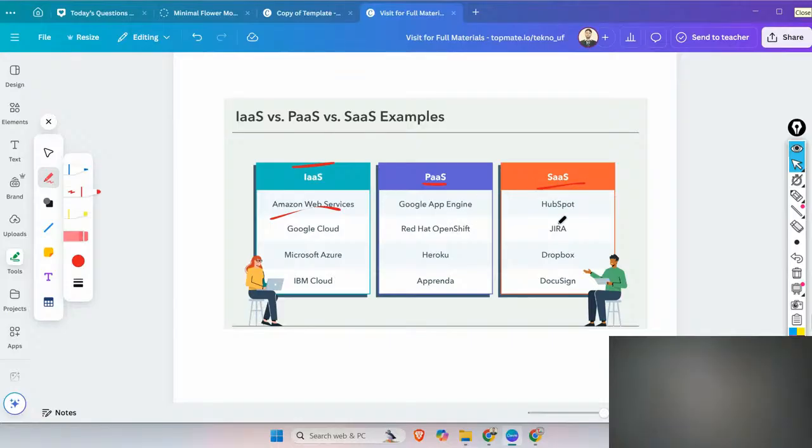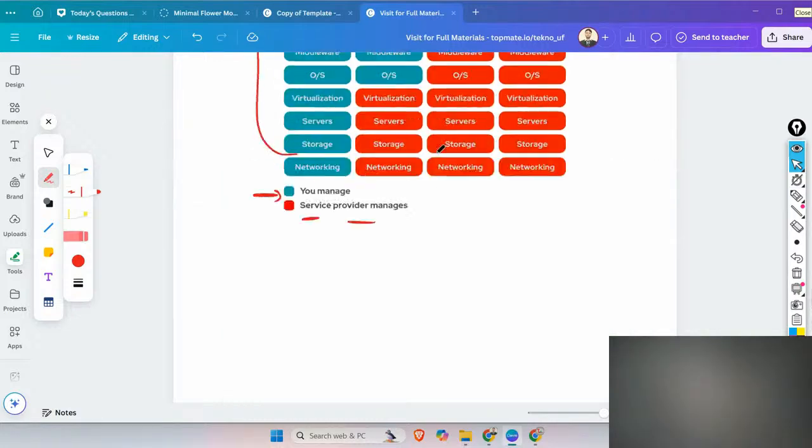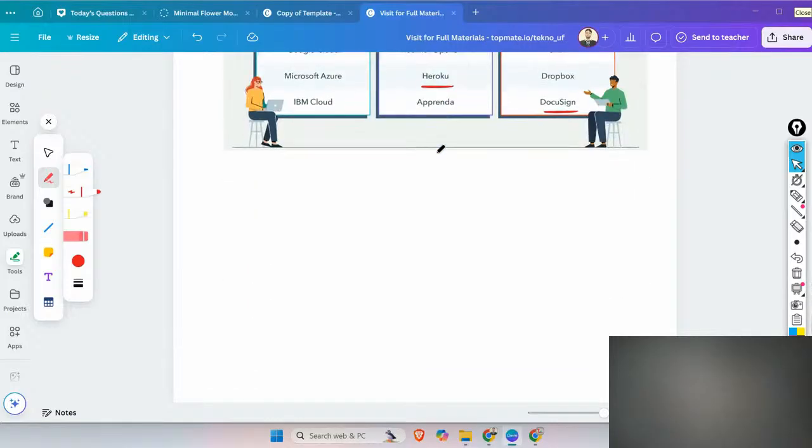SaaS examples are HubSpot, Jira, Dropbox, and DocuSign. All of these are handled by the service provider, so that's why they are examples of the corresponding cloud models. I hope you understood. So questions can be asked like, Heroku is an example of which cloud model: PaaS, SaaS, or IaaS? This way you will be asked.